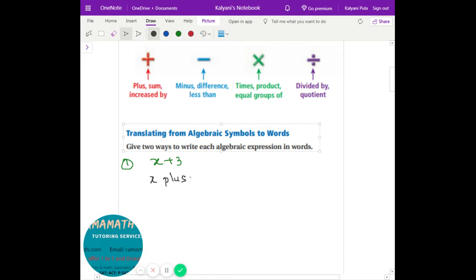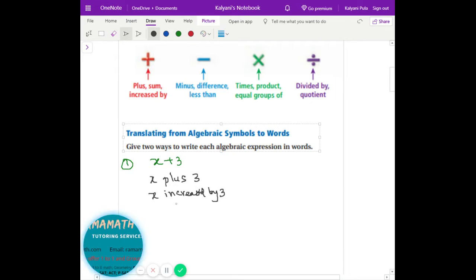Okay. Tell me one more way. 3 plus x, or use this vocabulary right here: x increased by 3.